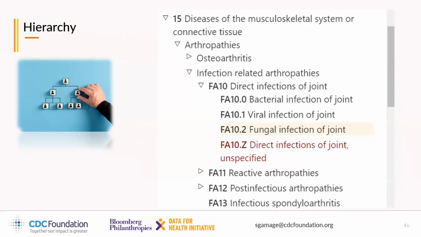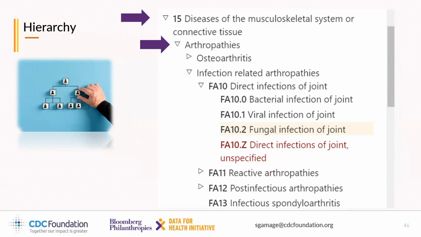ICD-11 has a hierarchical structure in the browser. We will learn about the ICD-11 browser in the next video, in the next web training session. So here we have chapter 15, diseases of the musculoskeletal system. Then there are different levels of hierarchy.